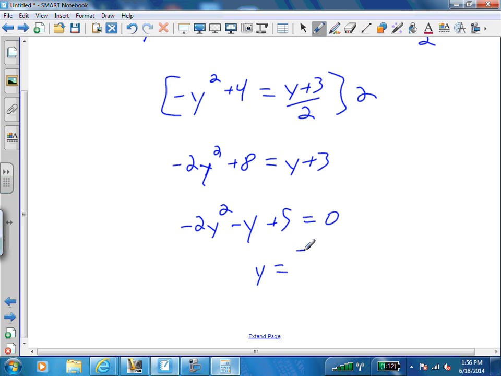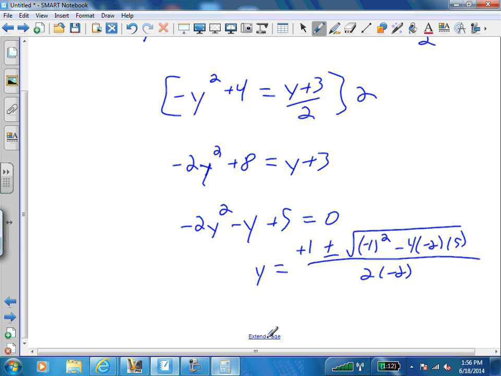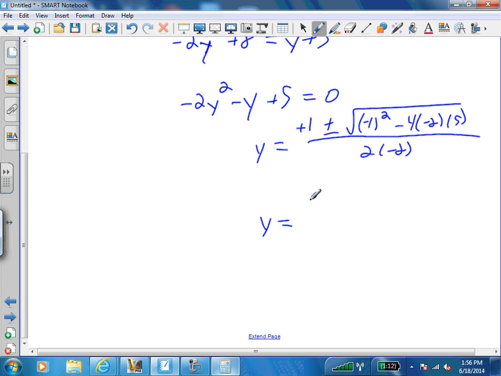So it's the opposite of b, plus or minus the square root of b squared minus 4 times a times c, over 2 times a. So y is 1 plus or minus the square root of, that's 1, what's that, 40? So 1 plus 40, so 41, over negative 4.